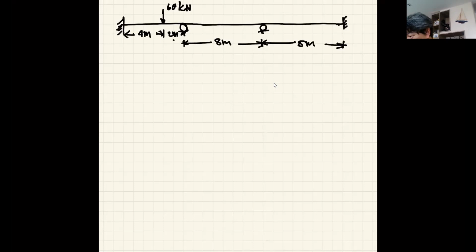And we have the uniform load of 20 kilonewton per meter. And this span has moment of inertia I, this is 2I, and this is I, okay? And we have the case of settlement.